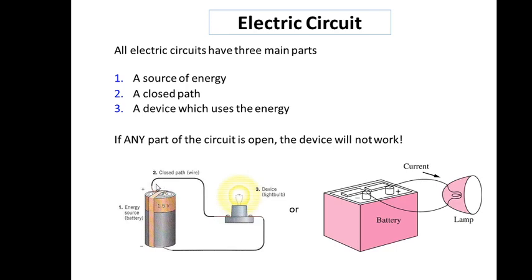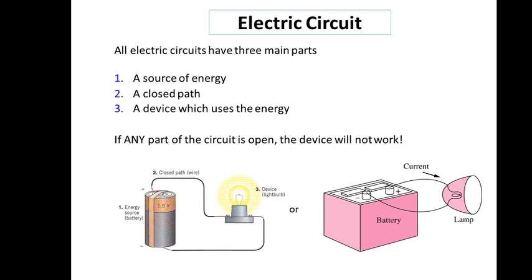The second one is a closed path, those are the connecting wires. The third one is a device which uses the energy. You can say it is a lamp, a load, any device. Sometimes you can take a motor, sometimes a lamp, sometimes even a resistor.